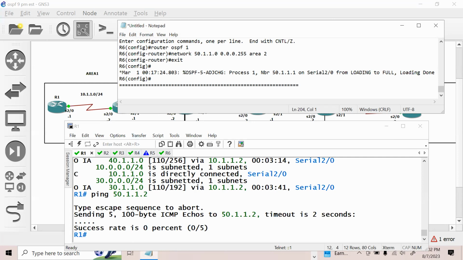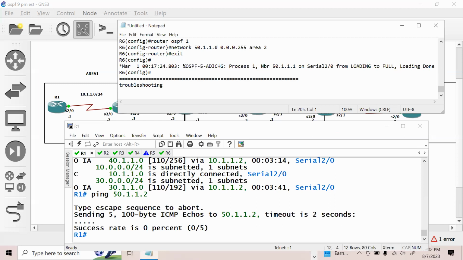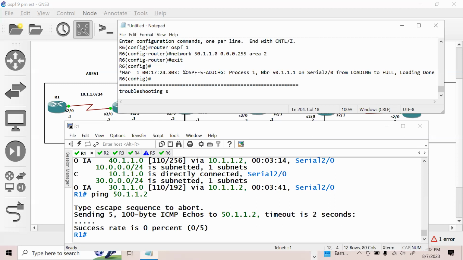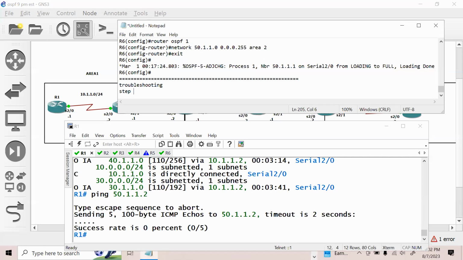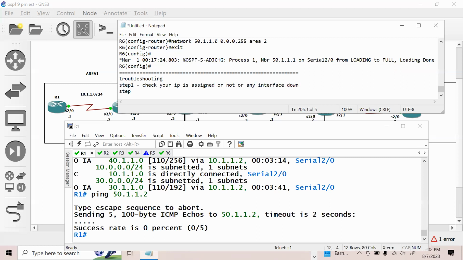Now they removed it, I think. Step one, check your IP. Is IP assigned or not, or is any interface down? Step two, you have to check the running protocol. Whatever protocol you are running, is it configured right or not?